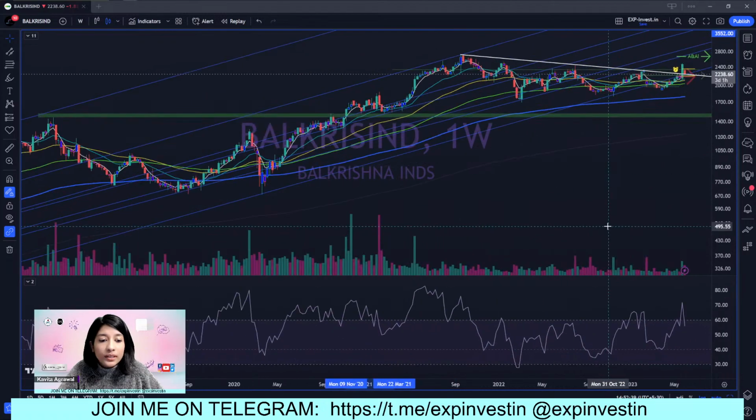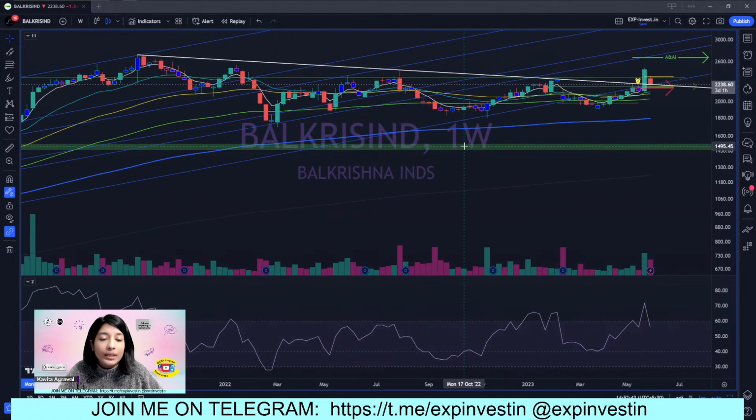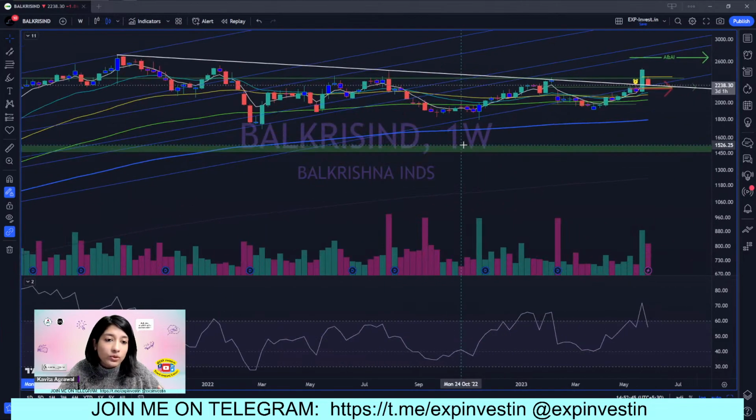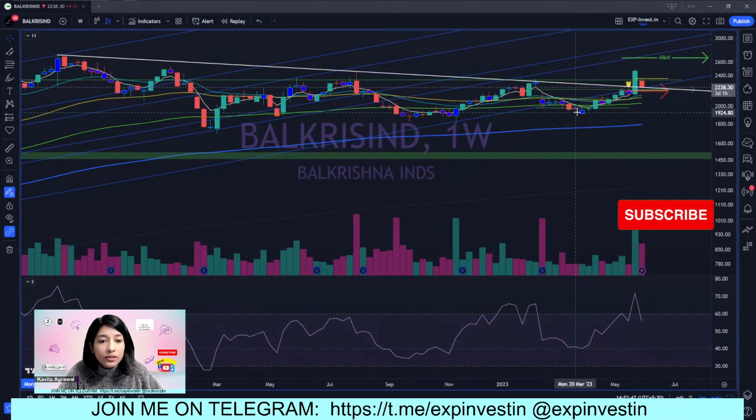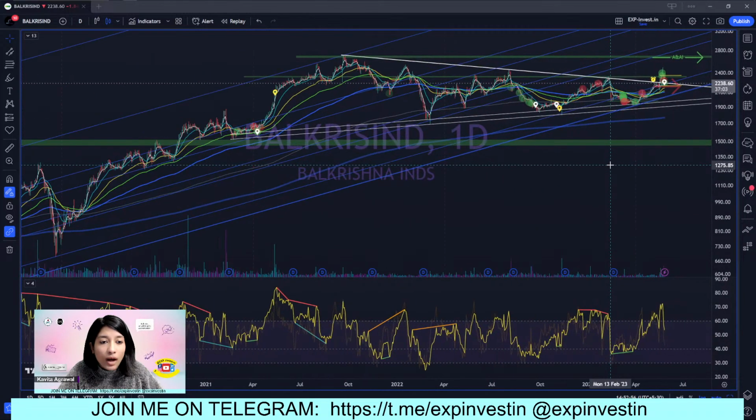Now, if you see here near the recent price activity, even though this is a weekly time frame, a time frame which is a lot bigger, we can see that the stock has taken support near this very last trend line, and it has started to move up.